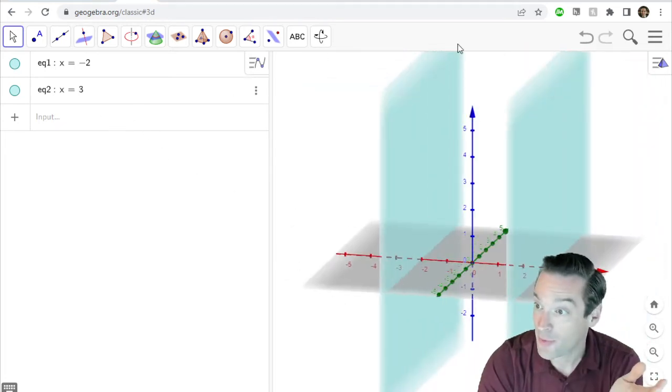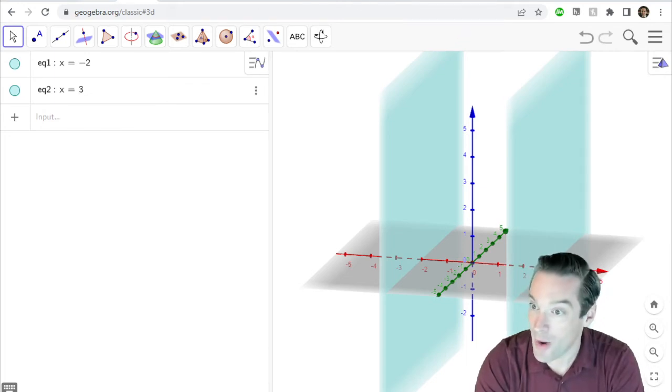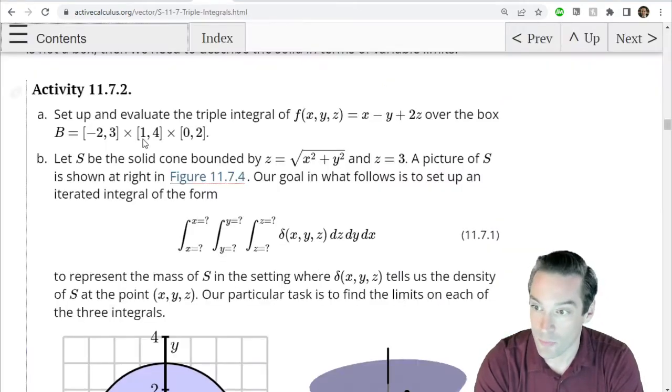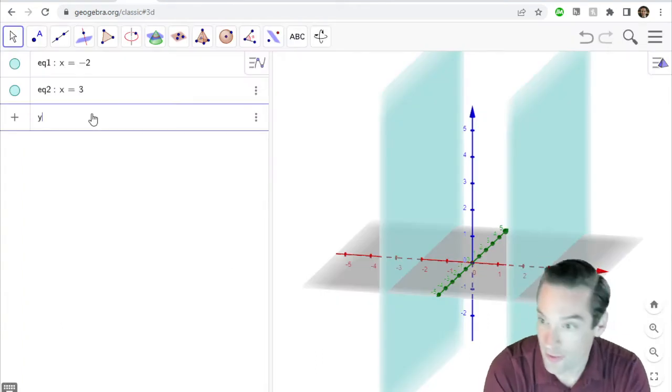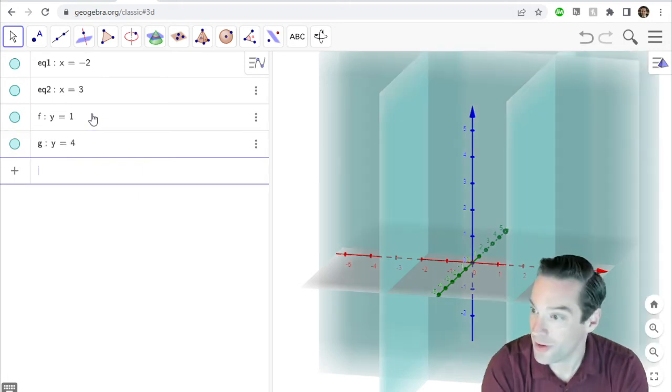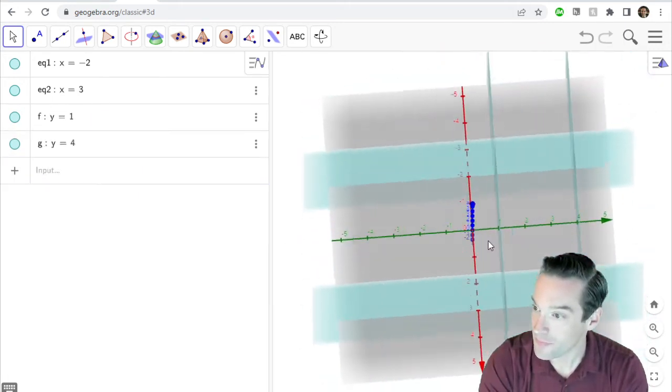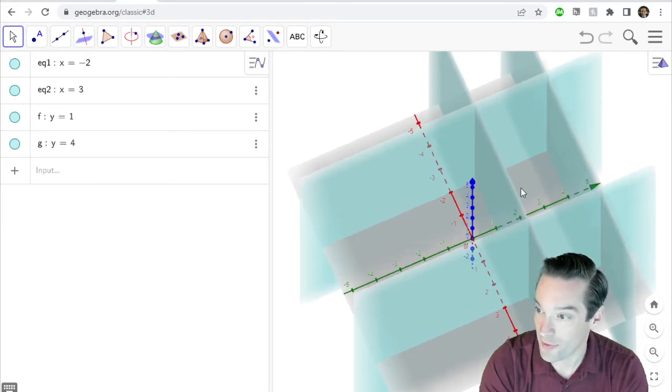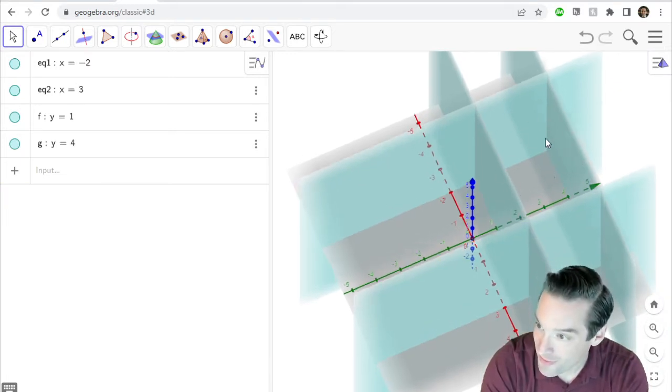Then if I bound my y's, for example, between 1 and 4, as we have in this problem, that's going to bound with two more vertical planes, y equals 1 and y equals 4. So my y variable is going to be bounded in between those two vertical planes. Now I've sort of trapped myself into this box.